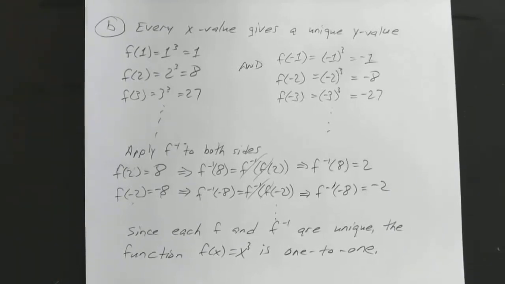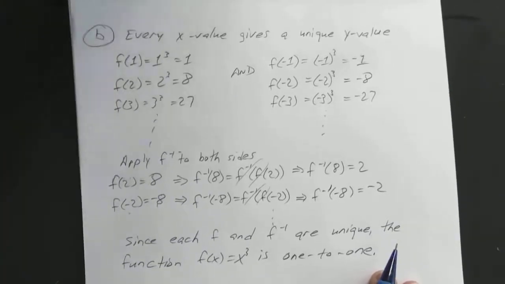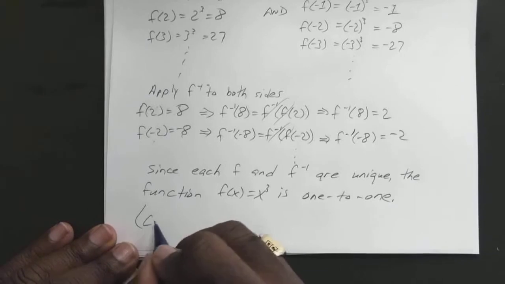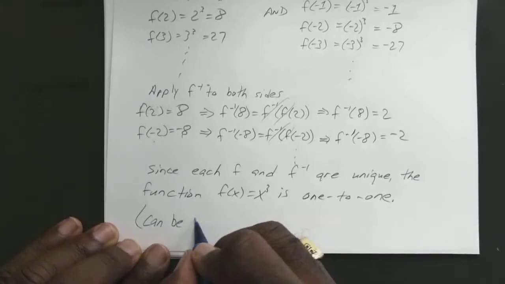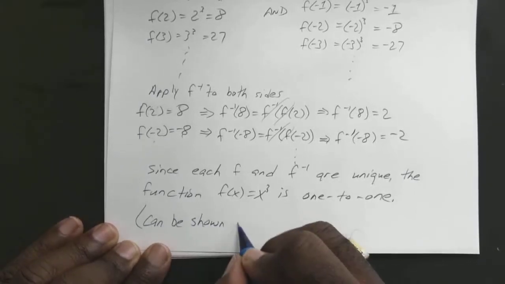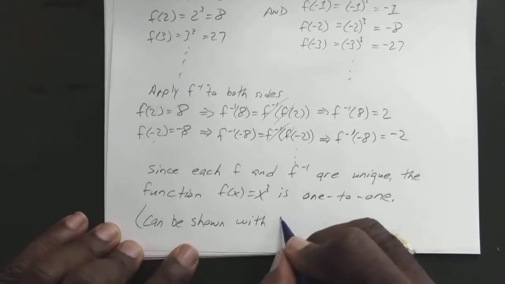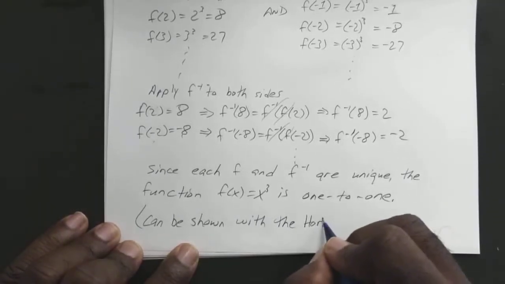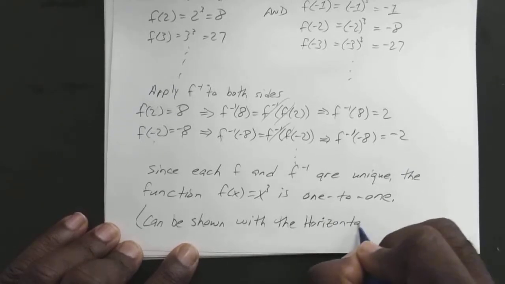Okay. And plus, if you drew a graph of x cubed and you did the horizontal line test, that would show you it's 1 to 1. Okay, so it can be shown with the horizontal line test.